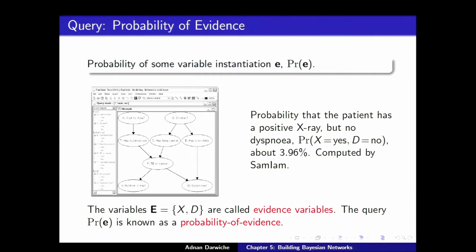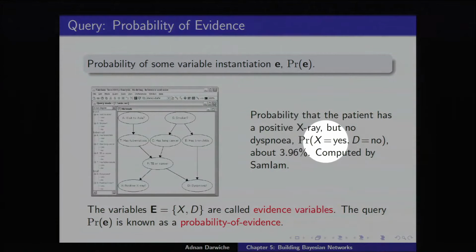All right, so here's the first query, the probability of evidence. What you have in this case is a Bayesian network, and you have some partial variable instantiation. In this particular case, we have X yes and D no. These are these 2 variables. And I want to just compute the probability of that combination, which happens to be this.